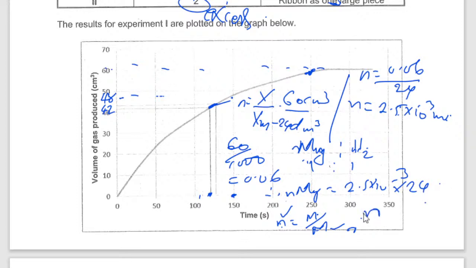So the mass is going to be equal to 0.06 grams. So that is the mass of magnesium used, isn't it? But the question is asking, what is the question asked?